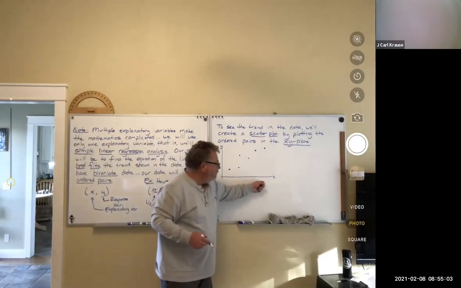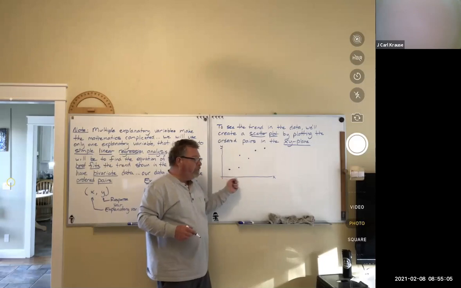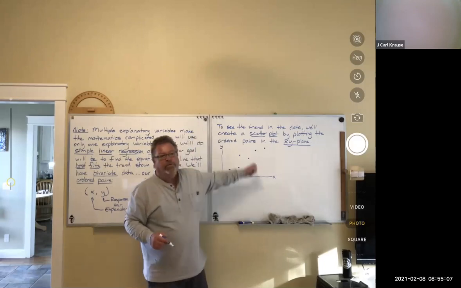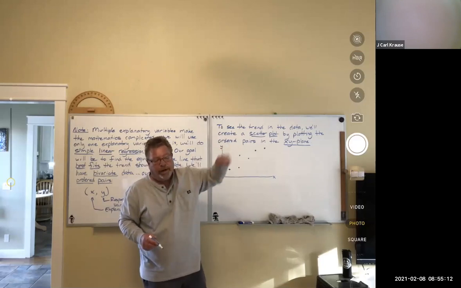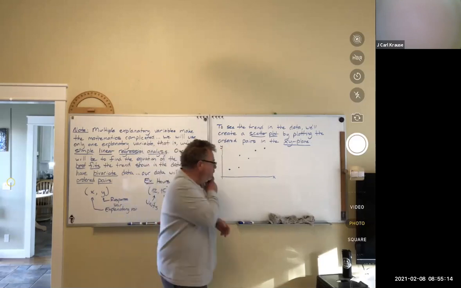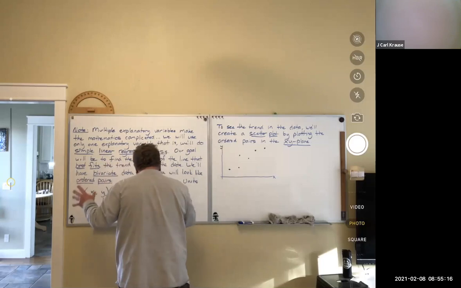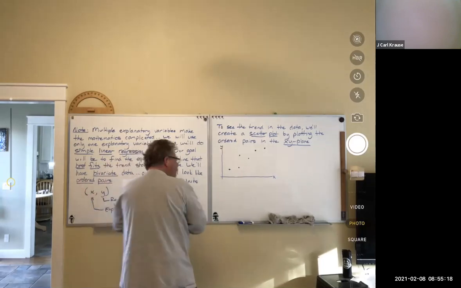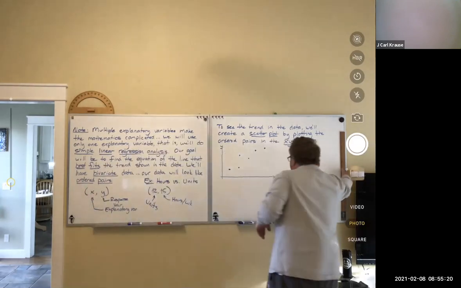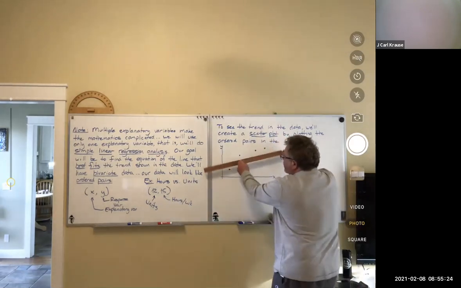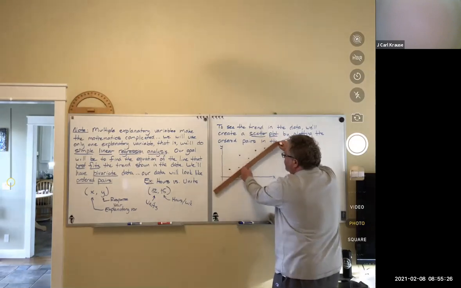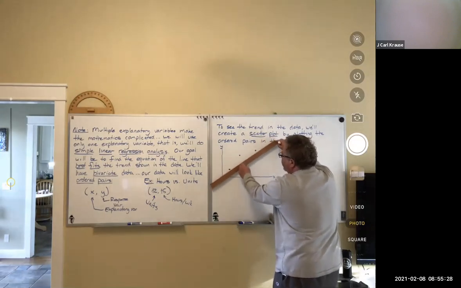As the value of x increases, moves to the right, the values of y get higher. And so we see a general upward trend. And so our goal in doing simple linear regression analysis is to take that trend that we see and come up with some line in here that comes closest to all of these points.